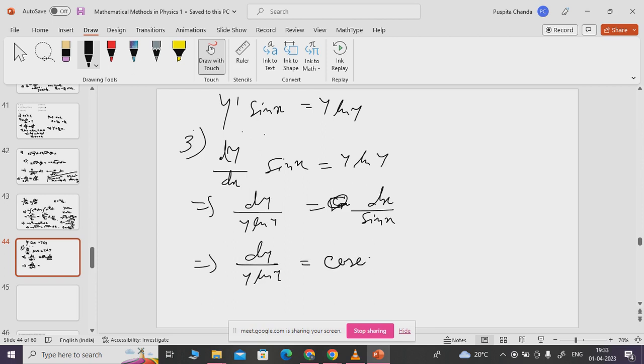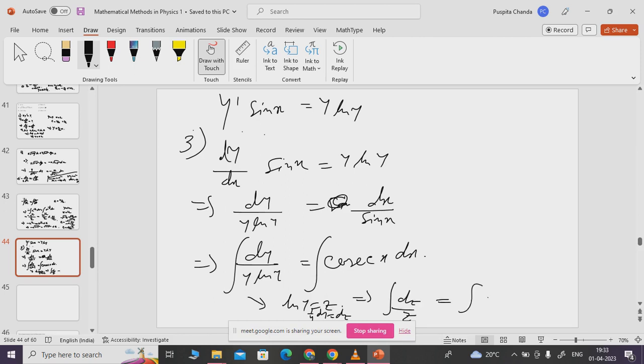So dy by y ln y is equal to dx by sin x. dy over y into ln y is equal to cosec x dx. We can take its integration.